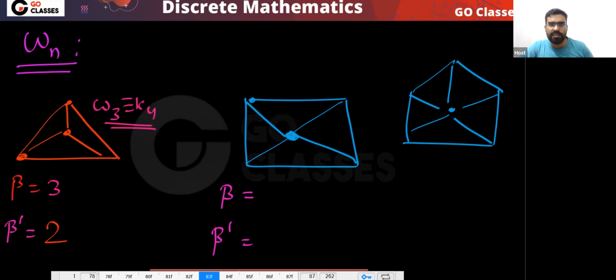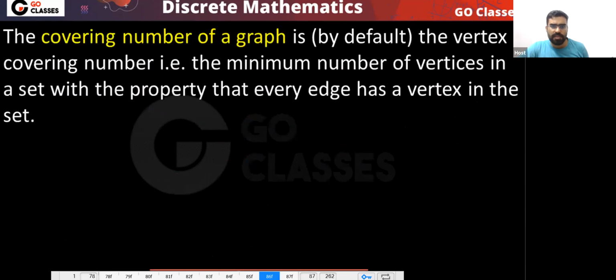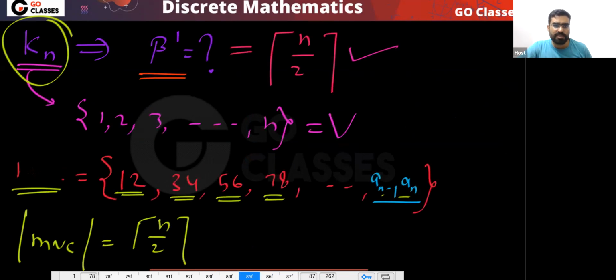This edge will cover these vertices. So I think we will need 3. Yes, minimum edge cover, sorry for that.